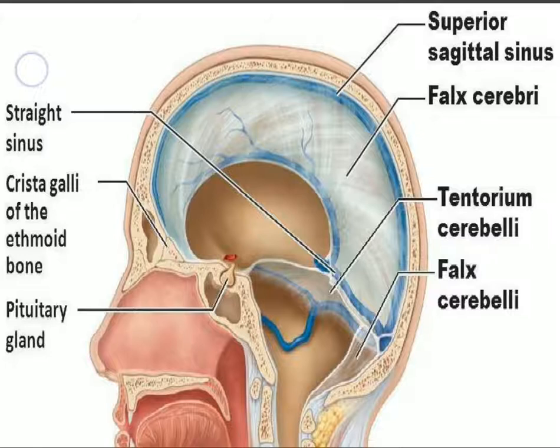This is the upper margin which is convex and it contains the superior sagittal sinus. This is the lower margin which contains the inferior sagittal sinus, and this is free, this is attached.